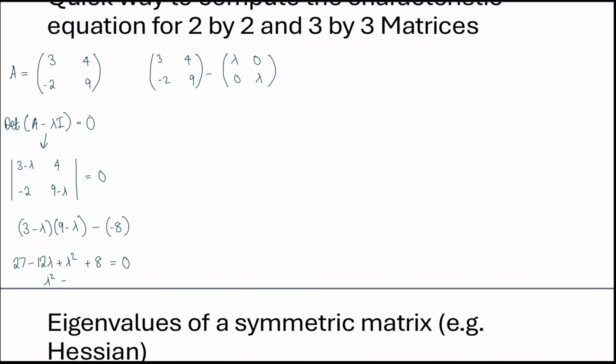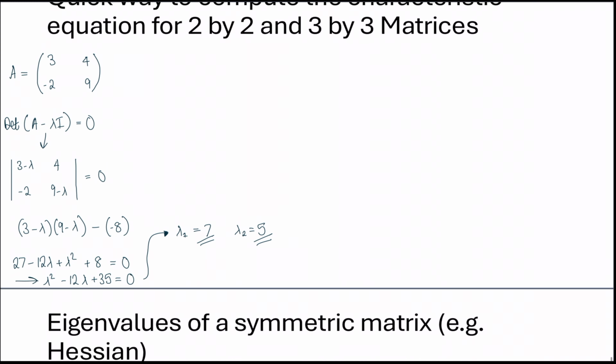So lambda squared minus 12 lambda plus 35 is equal to 0. Cool. So now we get this quadratic. Our first solution to this quadratic is 7. Our second solution is 5. So these two would be our two eigenvalues.